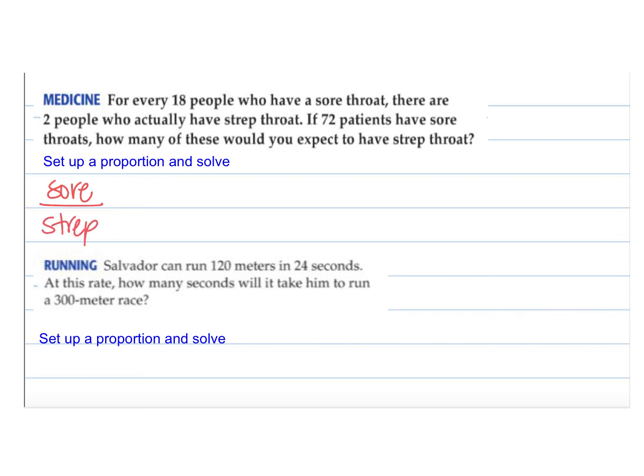Again, however we set up one side of the proportion, the other side needs to be set up the same way. So it said 18 people have sore throats over 2 people actually having strep. So then if we have 72 with a sore throat, we want to know how many of them we would expect to have strep. So I set up my proportion.